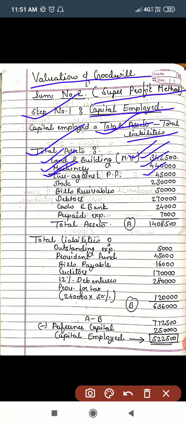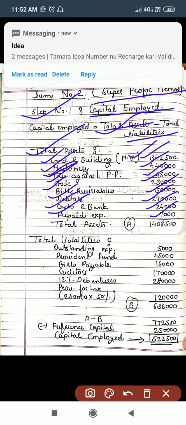Next we have the stock, rupees 2,30,000, bills receivable 50,000, debtors 2,70,000, cash in bank 24,000, prepaid expenses rupees 7,000. Now at last you have been provided with the preliminary expenses.